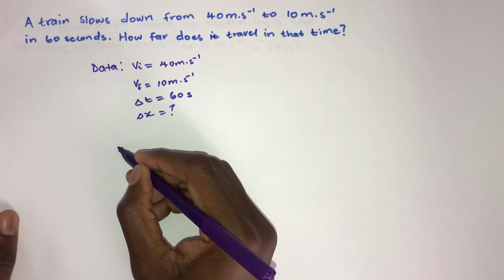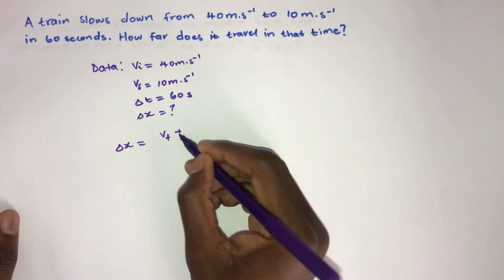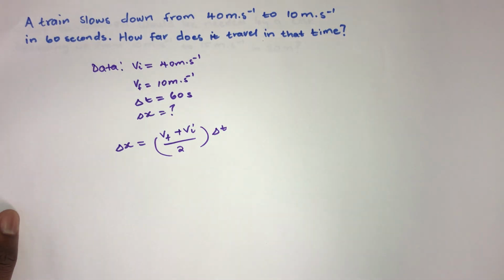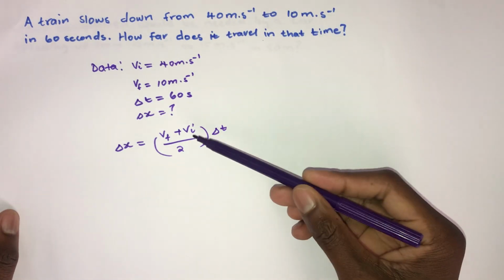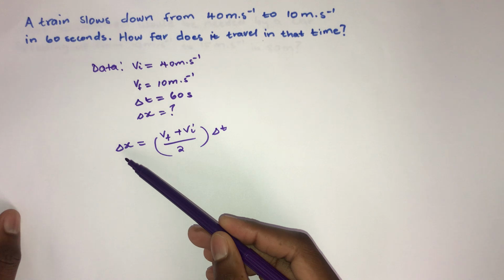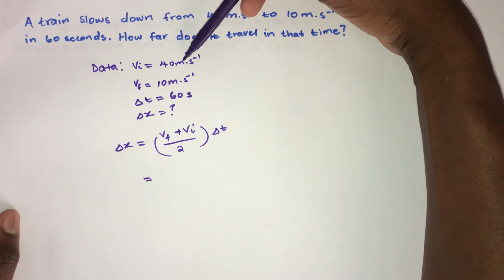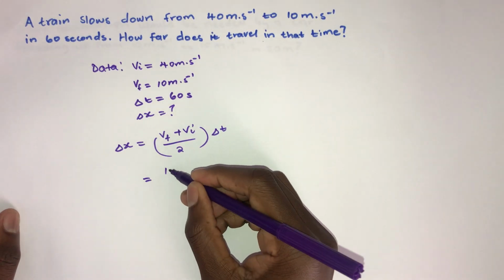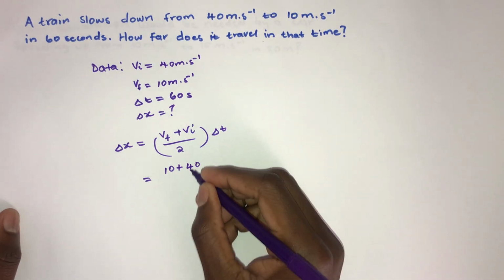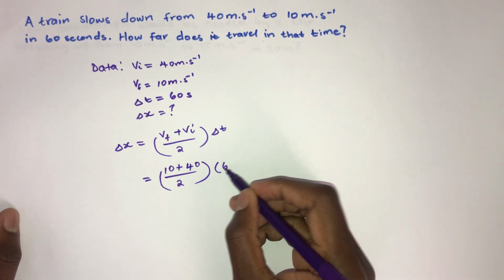Number 4 says the change in x is equal to v final plus v initial over 2, multiplied by time. When we check, we have the initial velocity, the final velocity, and time, and we are looking for the distance. Our final velocity is already in the data: Vf is 10, so we write 10 plus the v initial 40, divided by 2, then our time is 60 seconds.